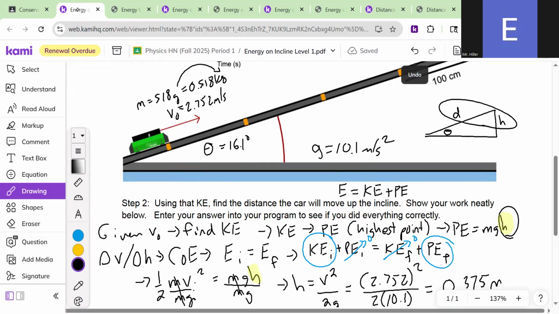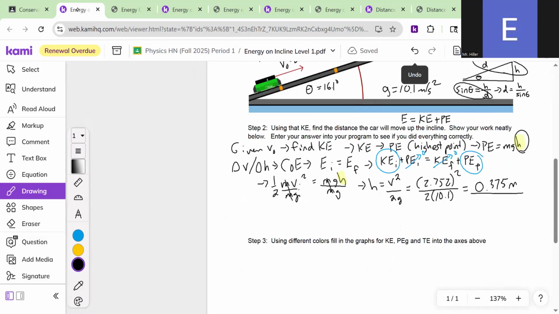I can use an equation for sine. Sine of theta equals opposite over hypotenuse, so h over d. And if I solve for d, I simply swap it out. So d is equal to h divided by the sine of the angle. And that's how we're going to solve for the distance.